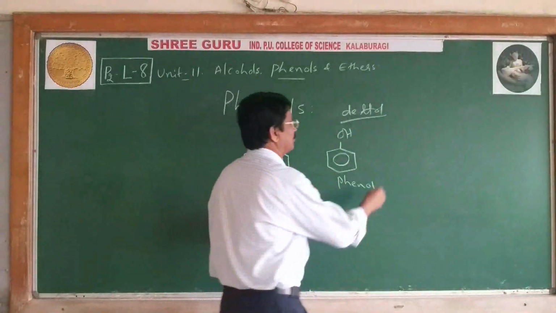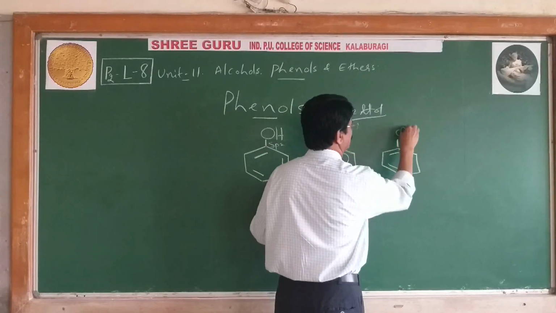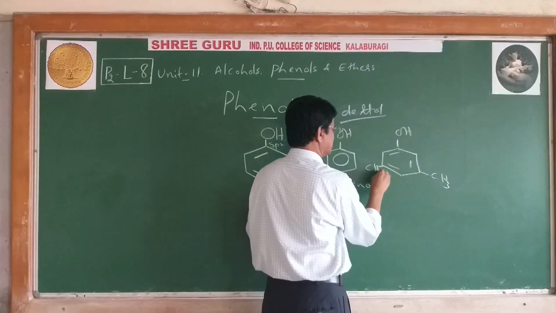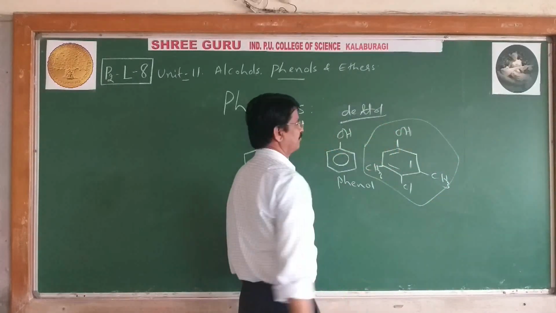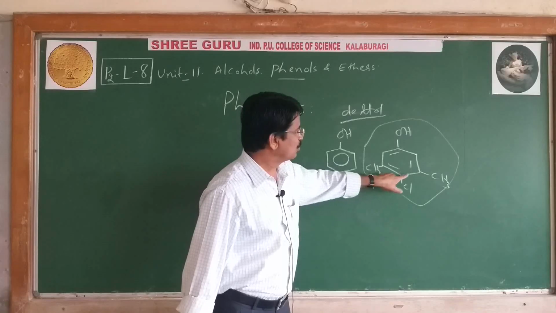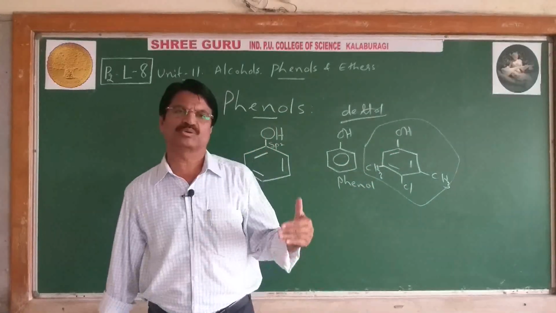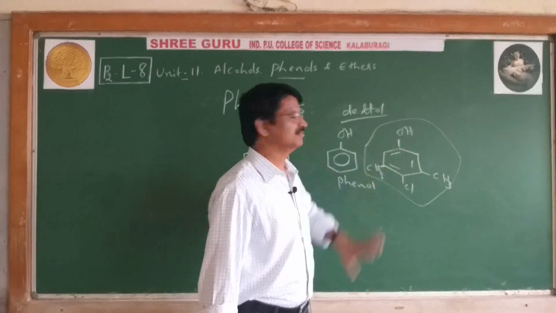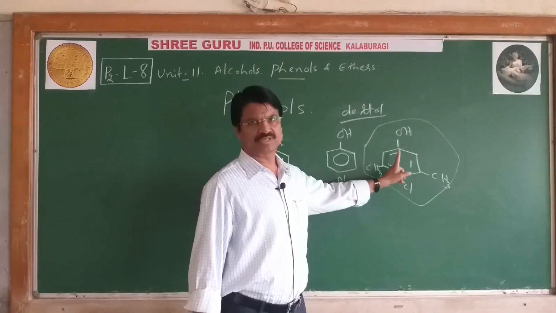And the Dettol formula has OH, CH3, CH3, Cl. This is called Dettol, 4-chloro-3,5-dimethyl phenol. That is called Dettol, or chloroxylenol.